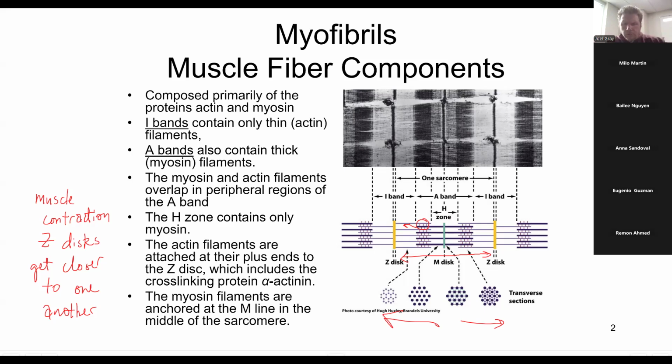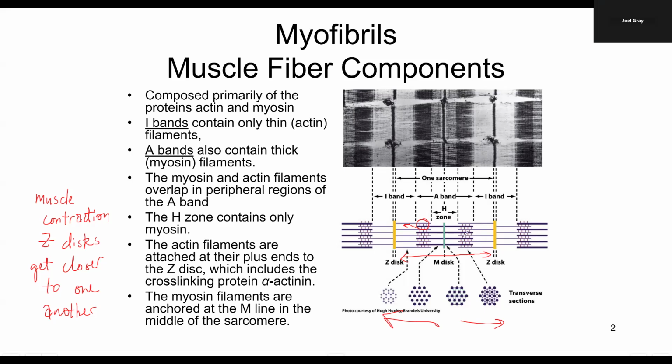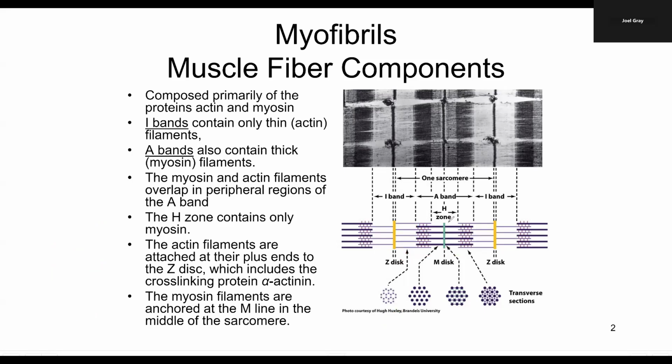Now, we're going to skip that last question, and instead I'm just going to explain it. If we have each of these regions, if we have actin and myosin contracting and expanding, what do you think is going to happen to, let's say, the H zone?